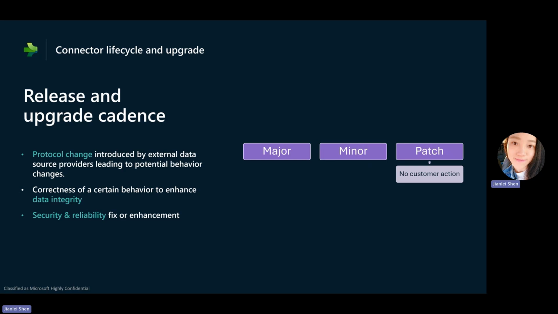So only the major and minor versions require customers' awareness, and the customers can make their choice of when and how they want to upgrade one or multiple connectors. But for patches, like when we fix a bug or a minor security issue, the service will take good care of that without any awareness or customer-facing changes.